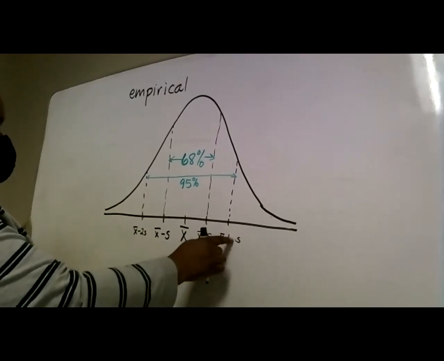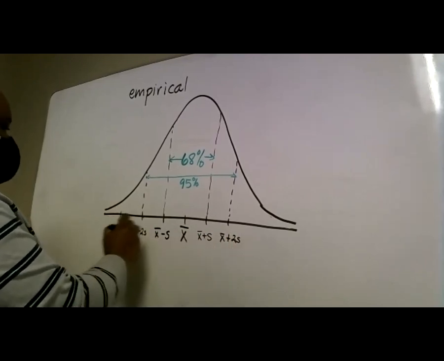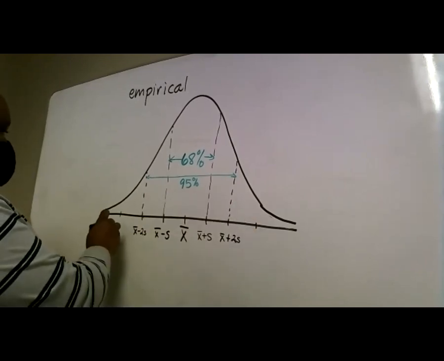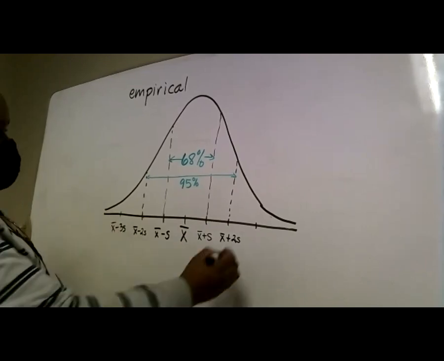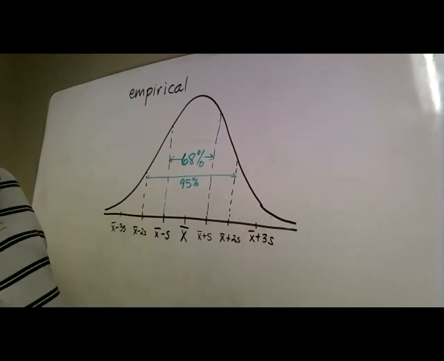If I go 1 more standard deviation below and 1 more above, this is X bar minus 3S, and this one would be X bar plus 3S.